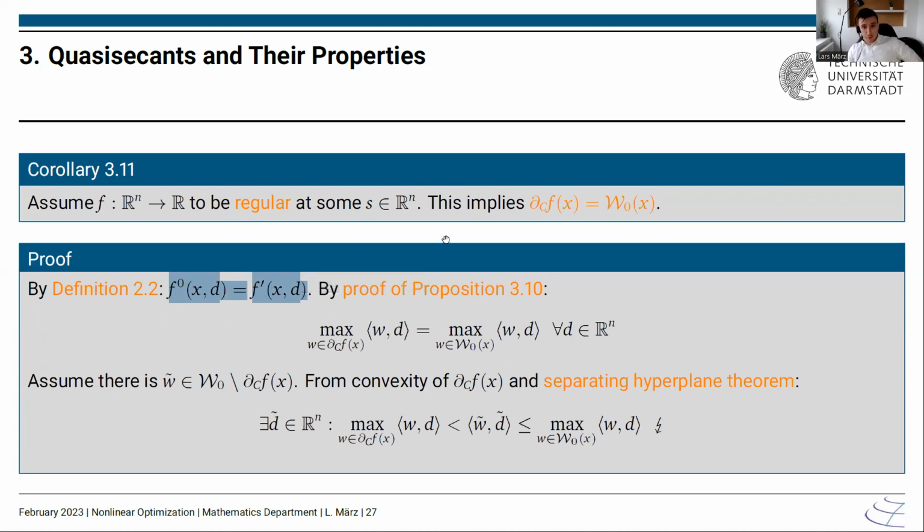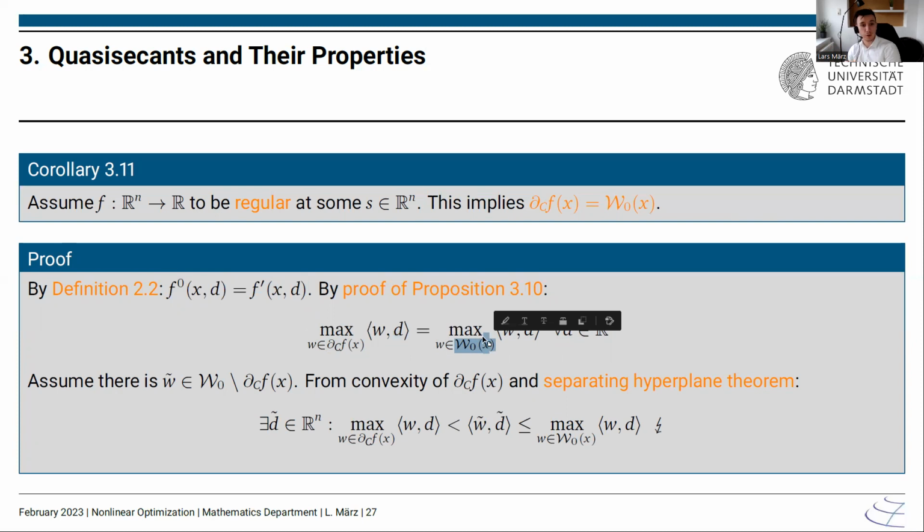And by the proof of proposition 3.10, we know that we have this identity where the only difference is the set we are taking the maximum over. So why does this imply that also the sets must be equal? The other way around is obvious, but why does it also follow from this identity that the sets must coincide?